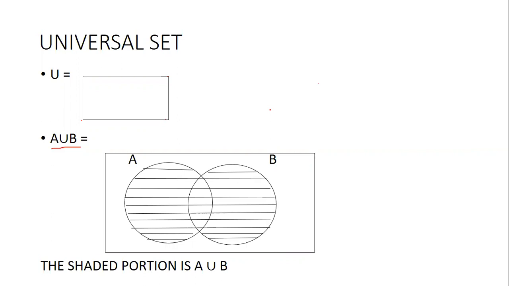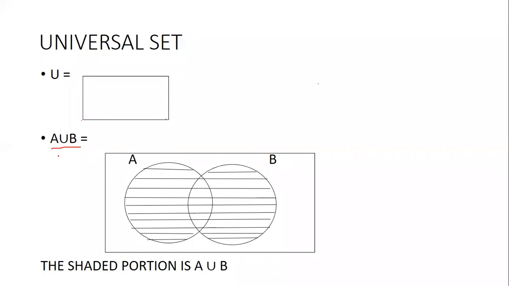Together, okay. Any other word? We consider both A and B. Okay, unification, where we consider all the elements of A as well as all the elements of B. Yes, correct, both A and B is also right.